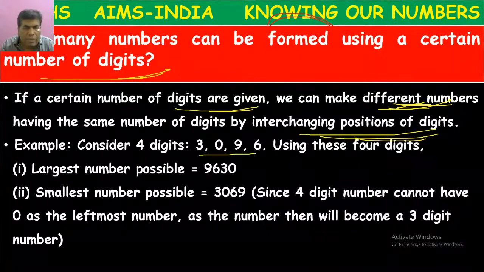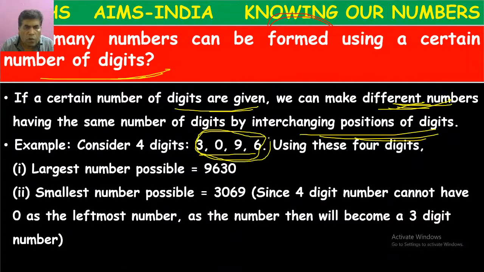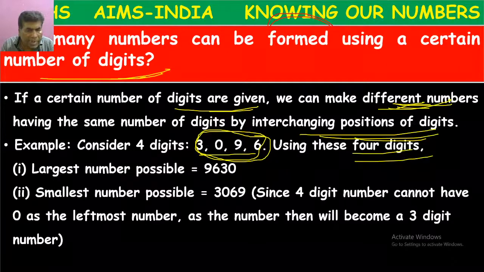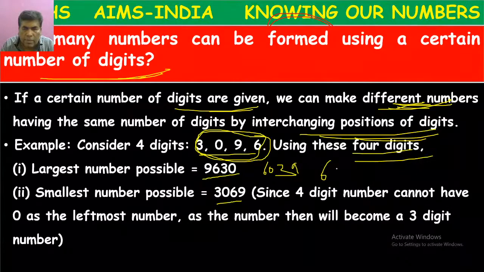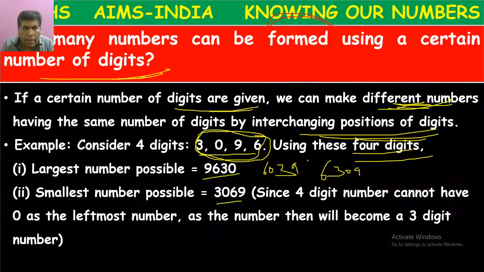Suppose we are given 3096, 4 digits are there. Using these 4 digits, what numbers can we write? We can write 9630 or 3069 or 6039 or 6309. Like that we can write different numbers from the given digits.